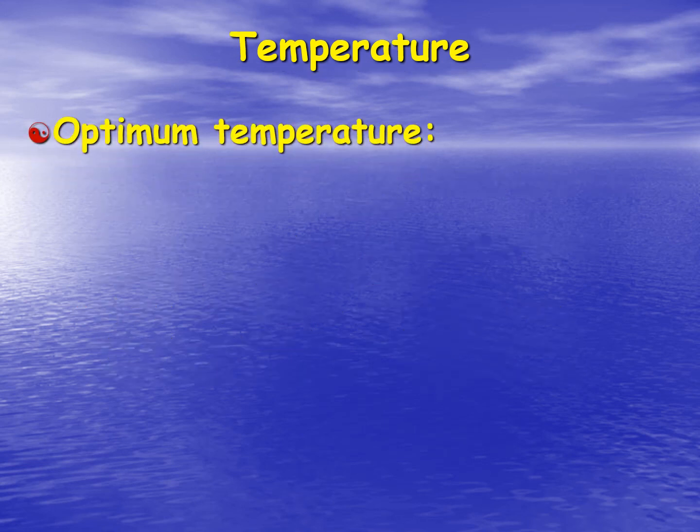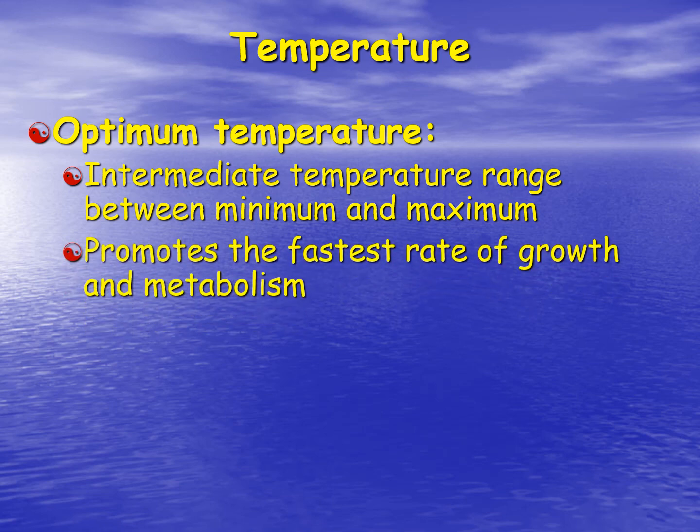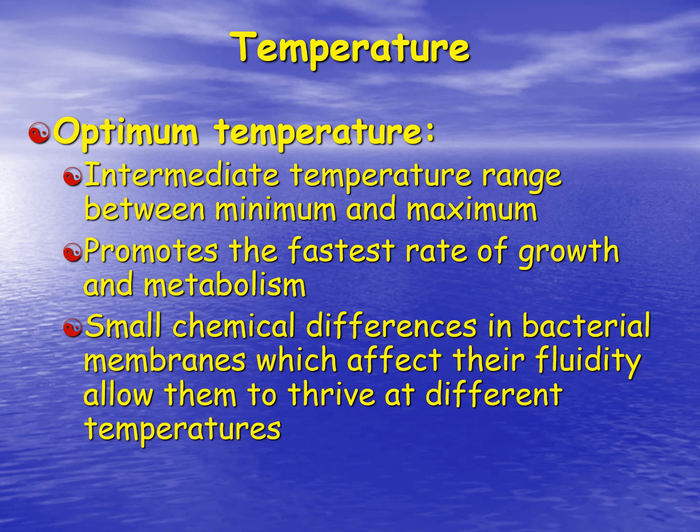So what we like is the optimum temperature, and this is the intermediate temperature range between its minimum and maximum. This promotes the fastest rate of growth and reproduction and metabolism in the microbe. Small chemical differences in bacterial membranes, which affect their fluidity, allow them to thrive at different temperatures.